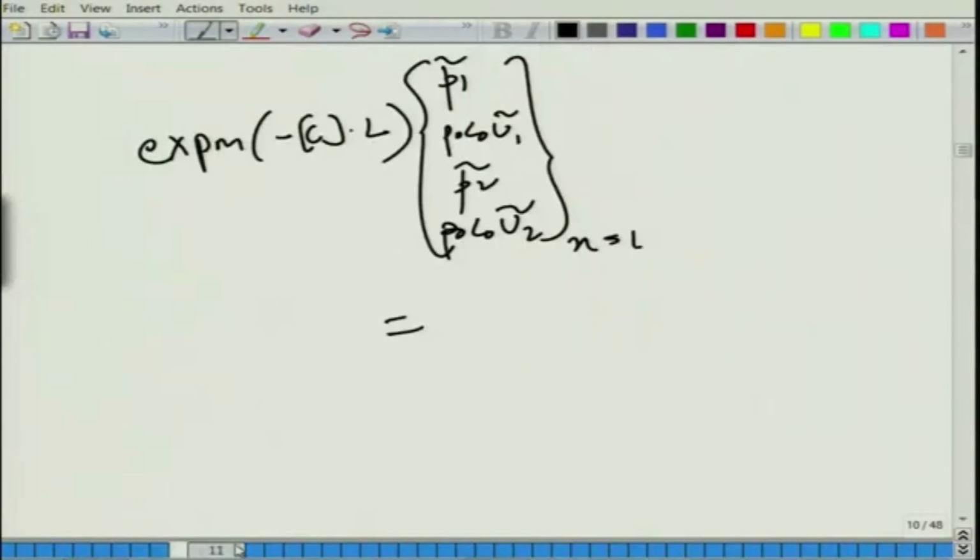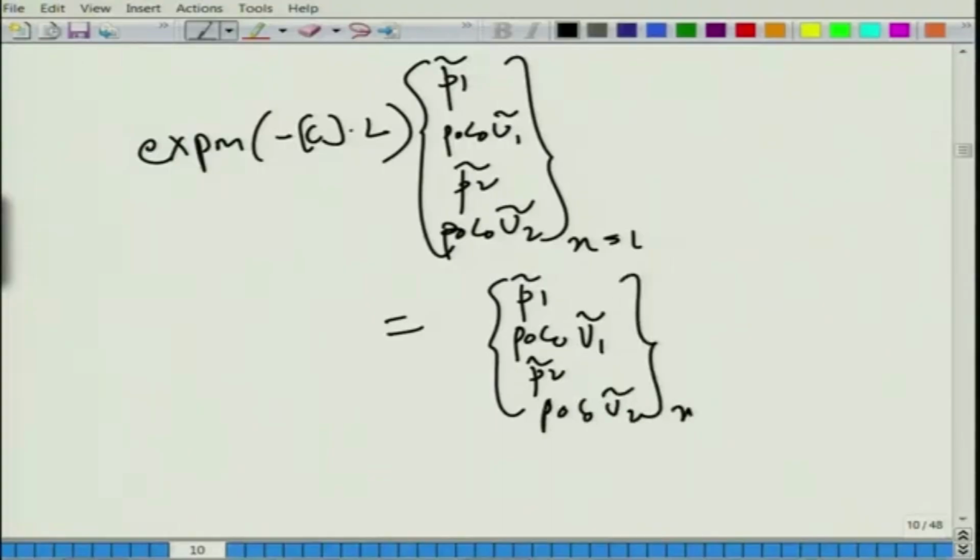So this becomes identity times P1, u1 at x equal to 0.